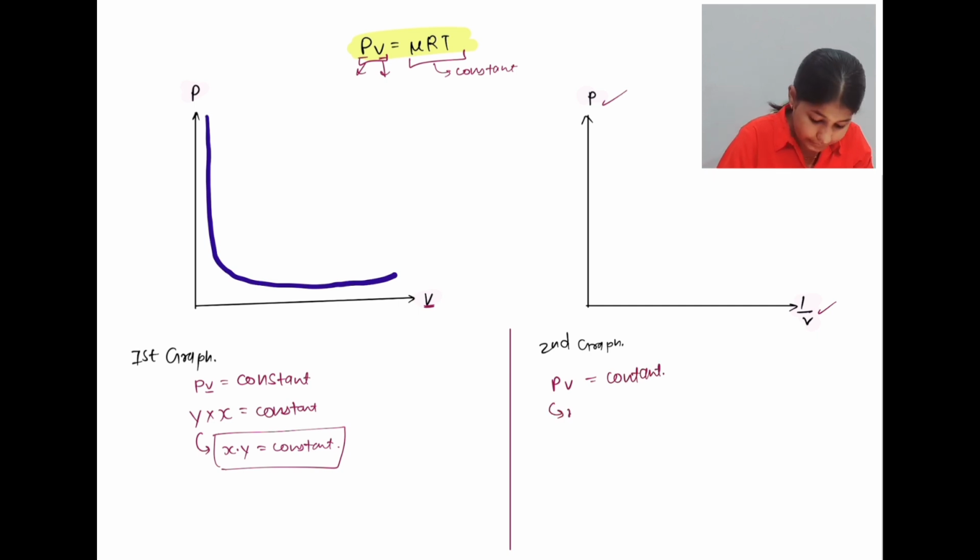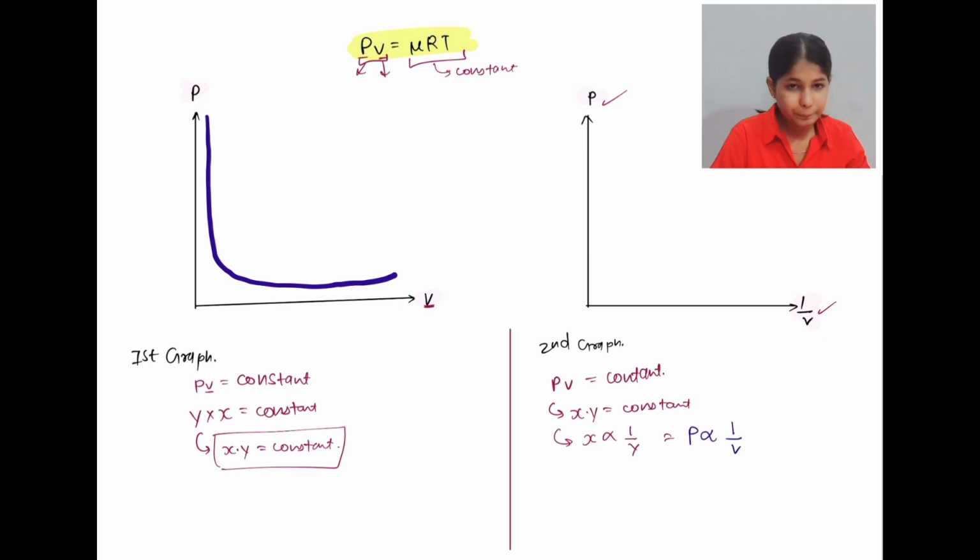Means x into y is equal to constant. So can I write that x is inversely proportional to y? Here, means P is inversely proportional to 1 by V?